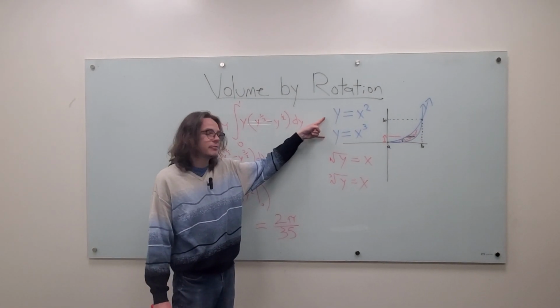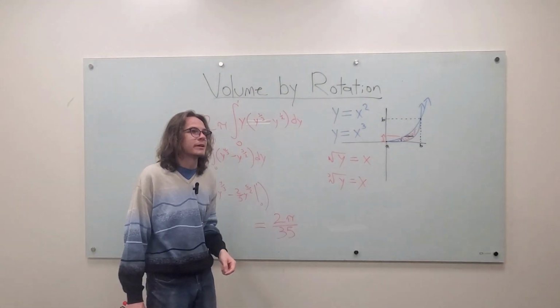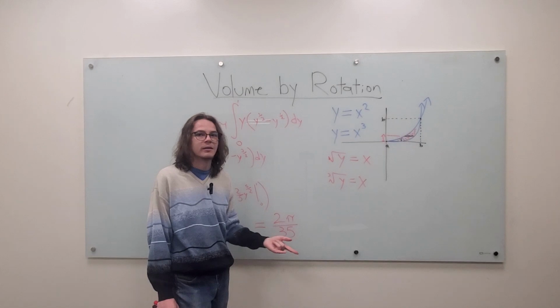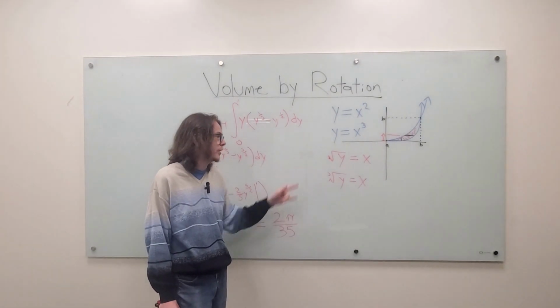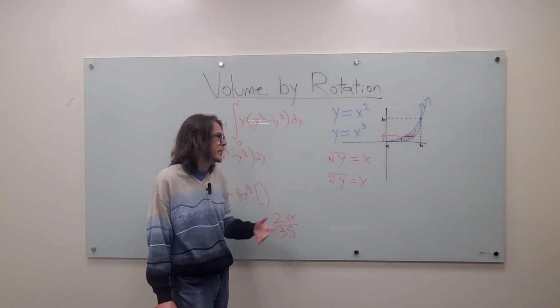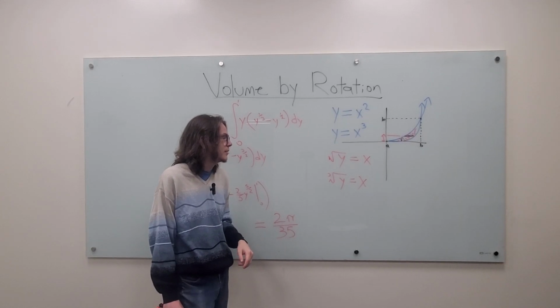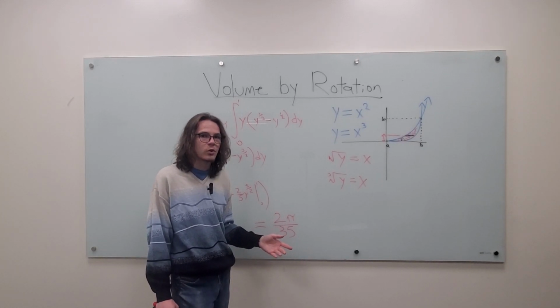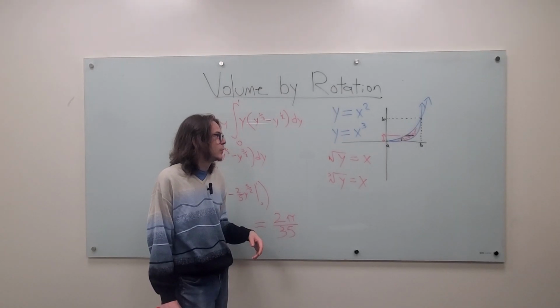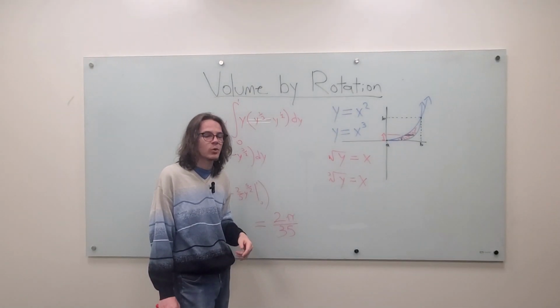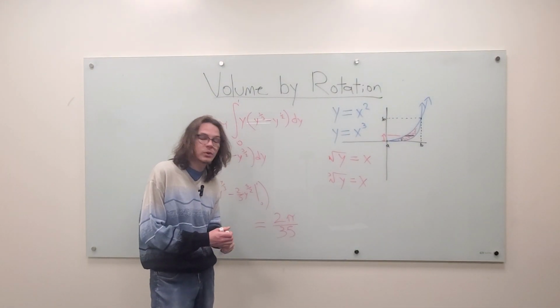You're given a function like this. If you think the inverse is going to be easier to work with, or the original function is going to be easier to work with, it's really a matter of personal preference.